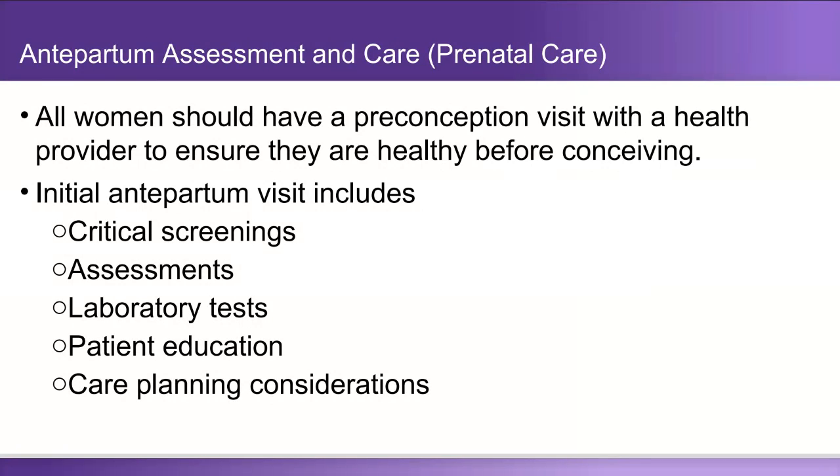Some women are rubella non-immune, so they're not immune to rubella. In those cases, rubella can cause miscarriage and other problems with the pregnancy if they acquire it during pregnancy. So if a woman is not immune to rubella, a preconception visit is a good time to find that out, because we can immunize her.